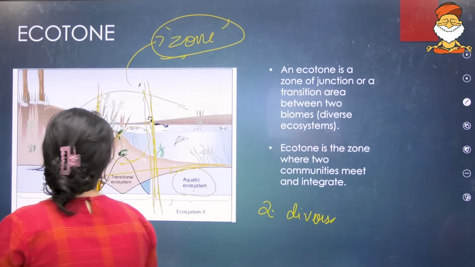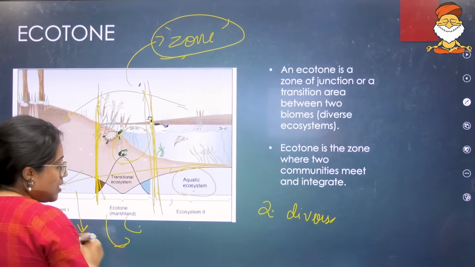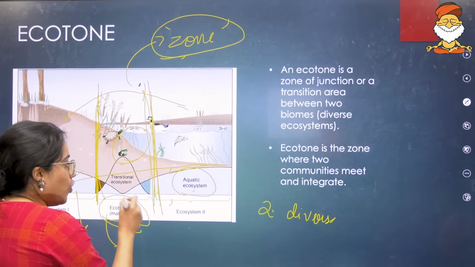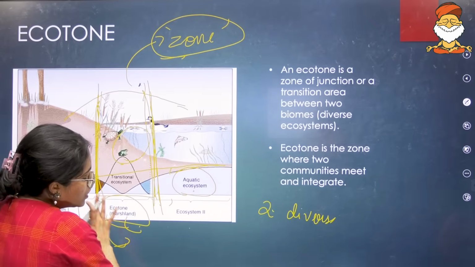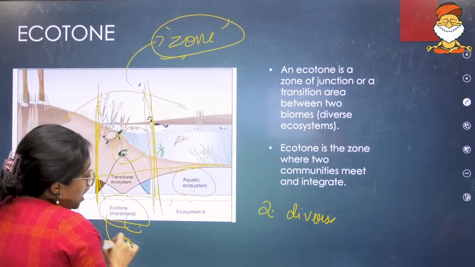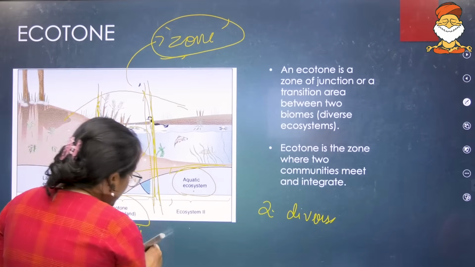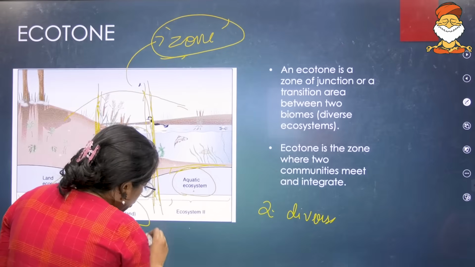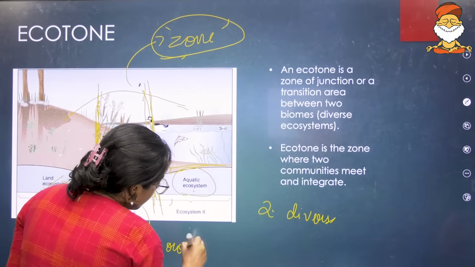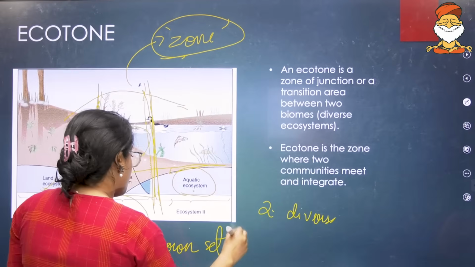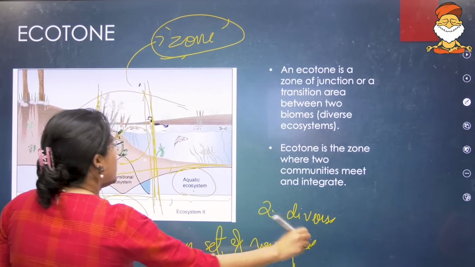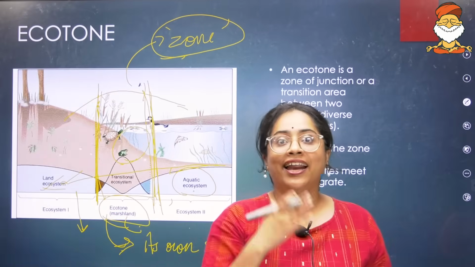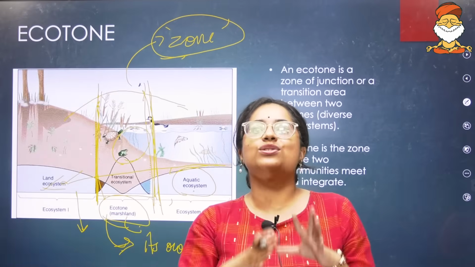This intermediate region, this ecotone, which is at the transition of these different areas, will be having its own set of new or varied species that can exist in this zone of transition.